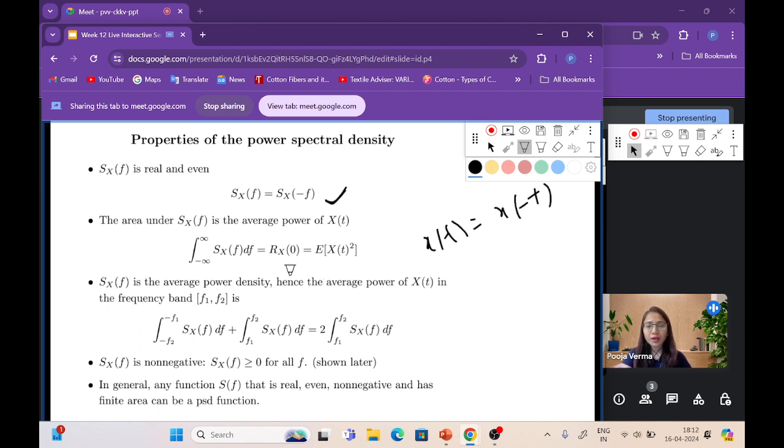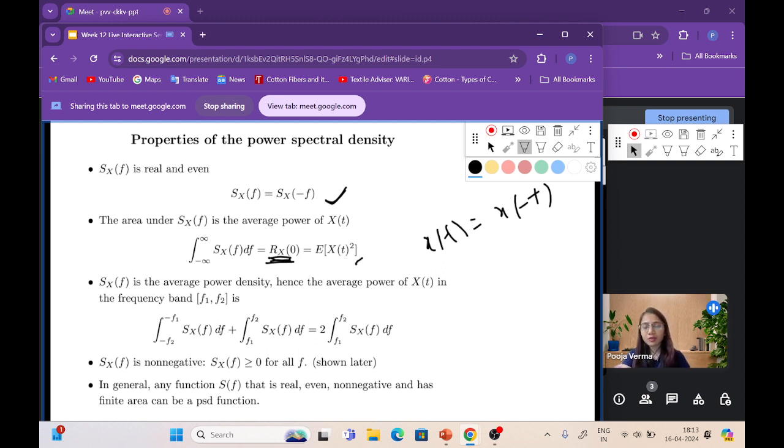So the area under the power spectral density is the average power of x(t) only, that is, the integral from minus infinity to infinity of Sx(f) df is equal to R(0), the autocorrelation at the zeroth position, which is equal to E of x of t squared.